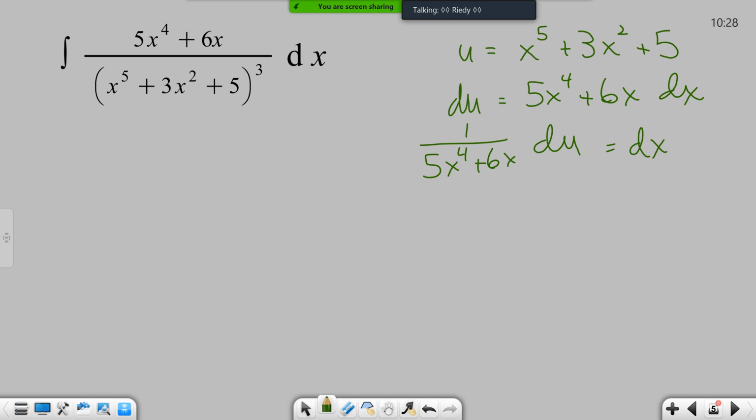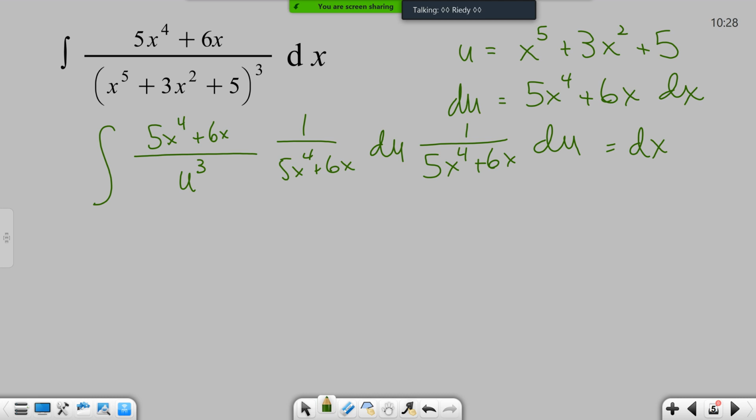Well done, Bella. Now, how do I know she's right? Because I've done the problem, but also you'll see as I start to do my u substitution: 5x to the fourth plus 6x over u cubed times 1 over 5x to the fourth plus 6x du.